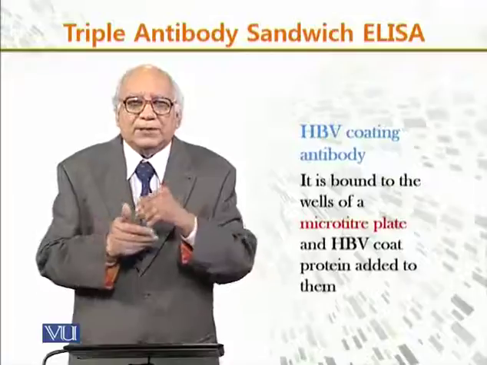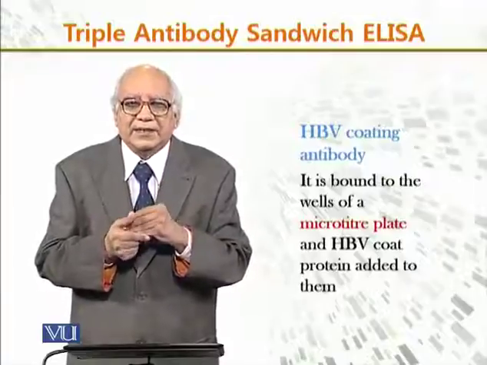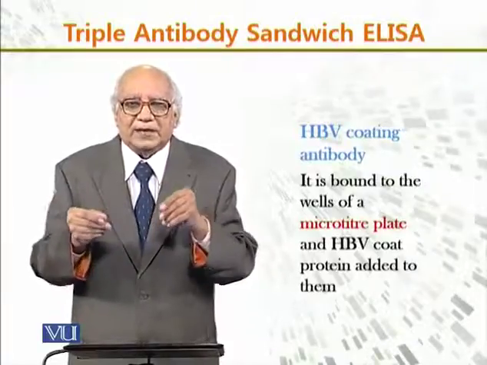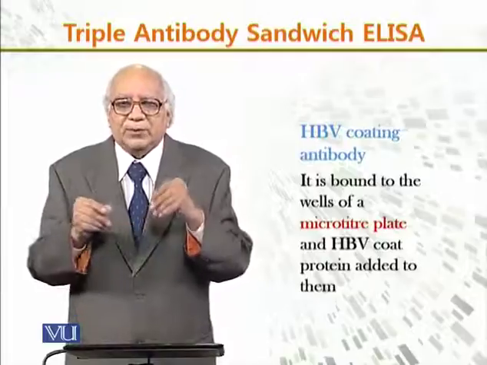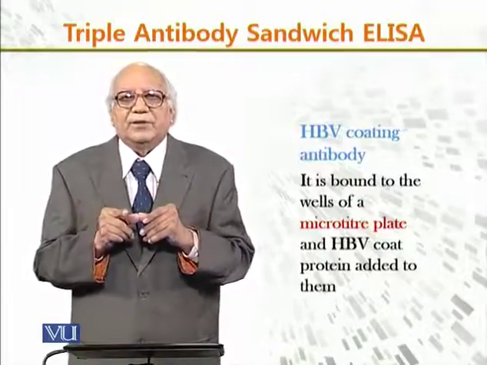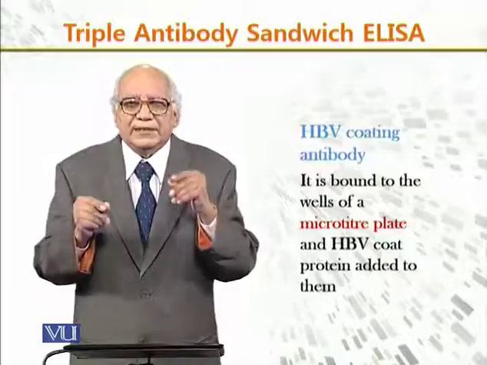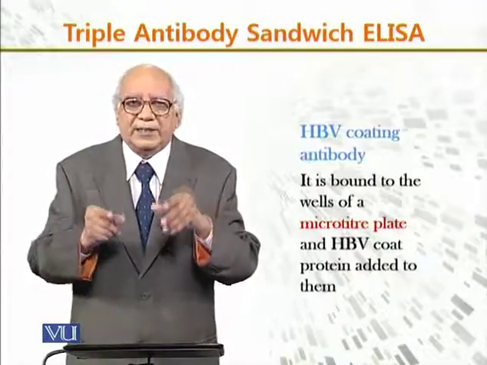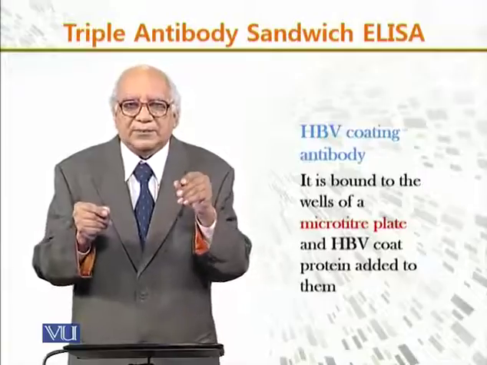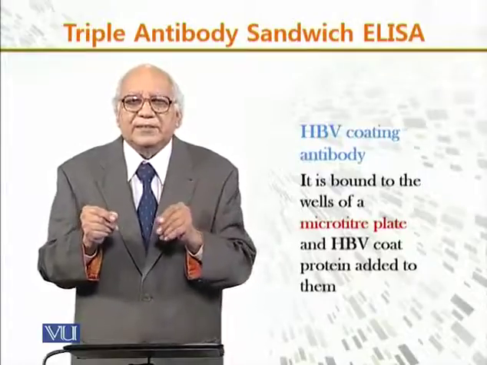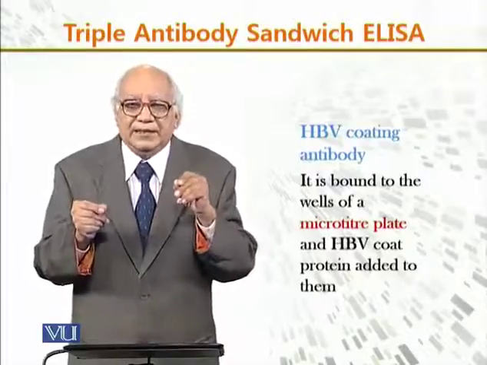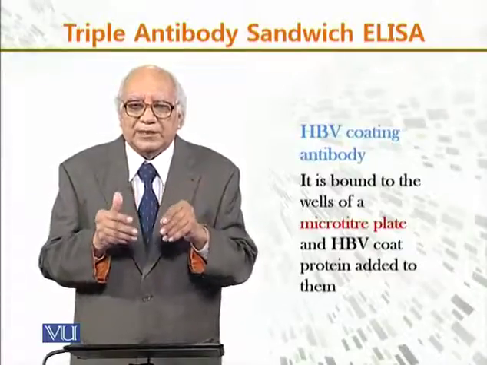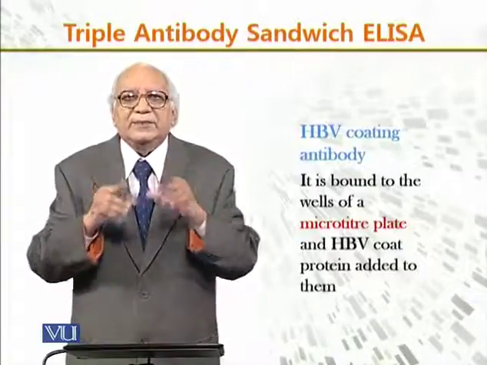Now, the HBV coating antigen is bound to the wells of a microtiter plate. A microtiter plate is a plate used for ELISA determination. These are the small wells in the plate, and HBV coat protein is added to them.